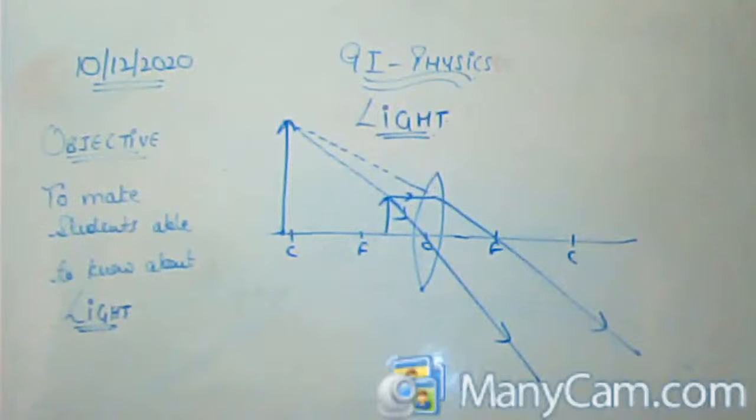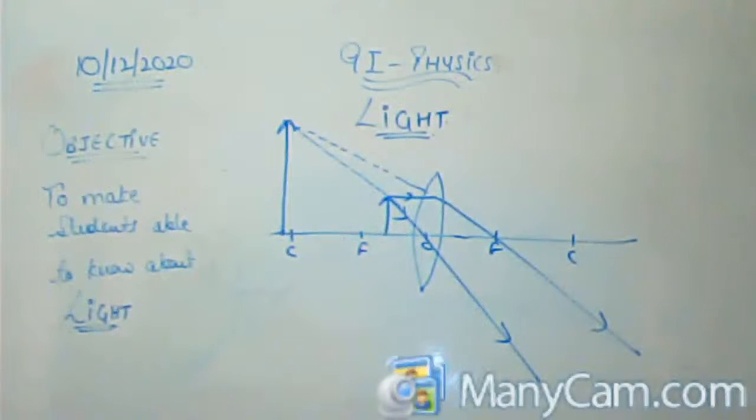Chaliye. Moving on to the last and the very important one more diagram. Page number next one, 174. There is one diagram in which you have the object at center of curvature.